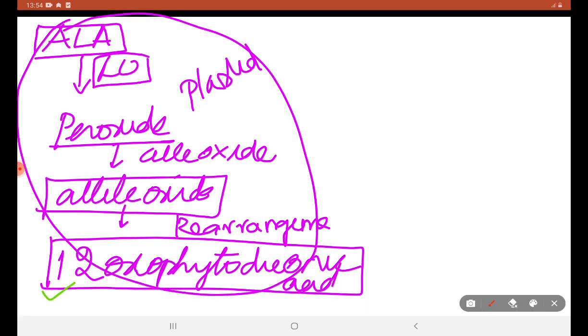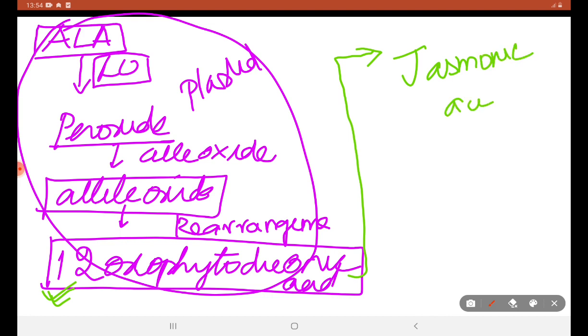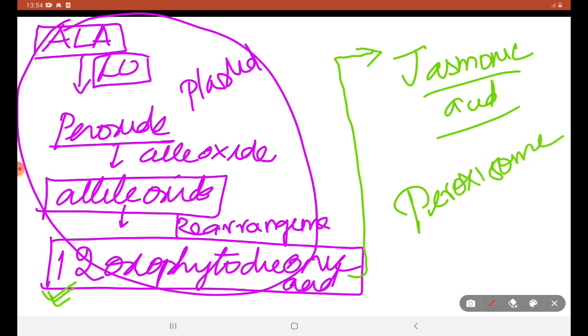Now 12-phytodienoic acid is converted into jasmonic acid. It occurs in the peroxisome. Beta oxidation occurs.